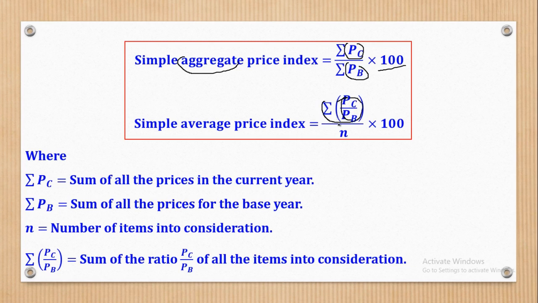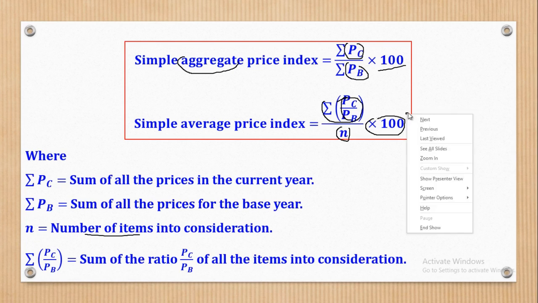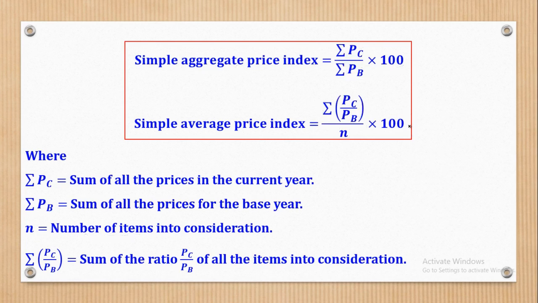After summing all of them, you have to divide by n. So what is n? N is the number of items under consideration. Then after that, you multiply everything by 100. But you must be keen to realize that we are not putting a percentage sign. We shall see shortly where to put a percentage sign.